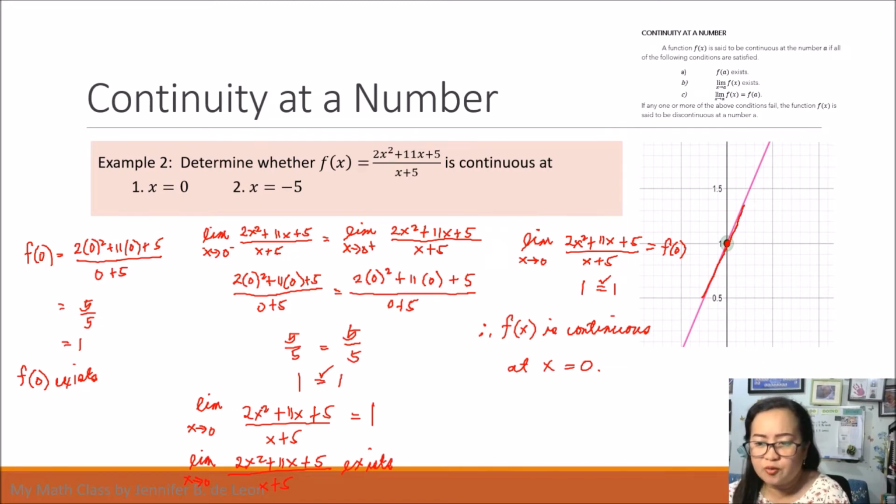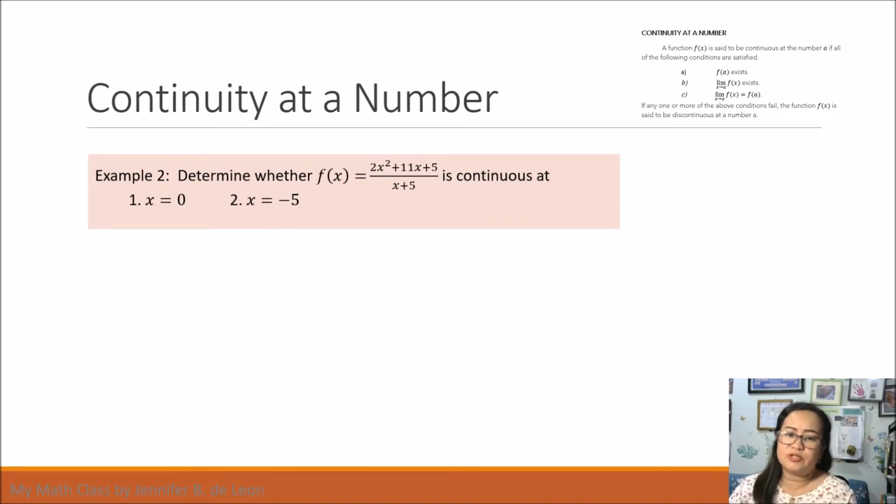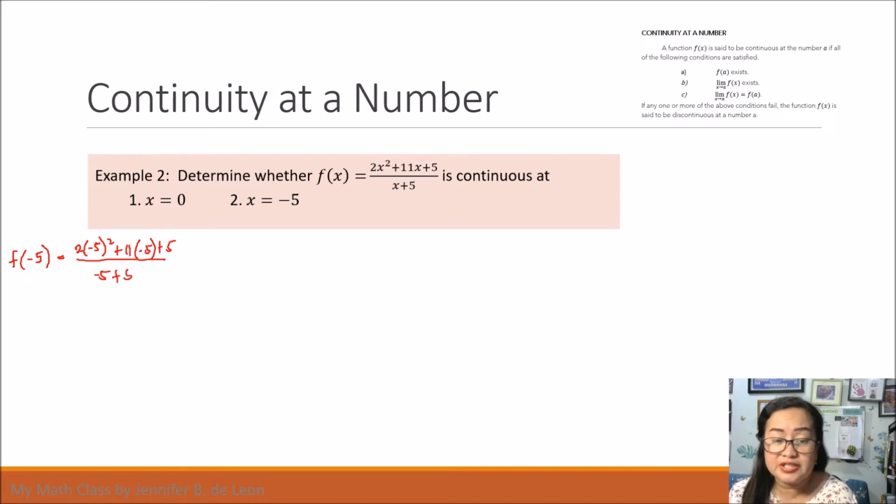Now let's try whether the function is continuous at x equals -5. We again use the three-step method. We evaluate the given function at x equal to -5. So 2 times -5 squared plus 11 times -5 plus 5 all over -5 plus 5.